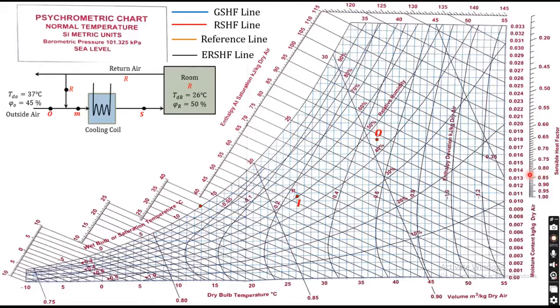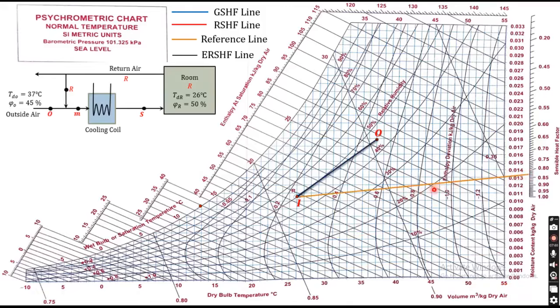Now from this point we draw a line up to the reference point, which is again 26 degrees Celsius dry-bulb temperature and 50% relative humidity. So this is the reference point. From the reference point up to this point that we have plotted on the sensible heat factor line, we draw one line like this. This yellow color line is called the reference line.